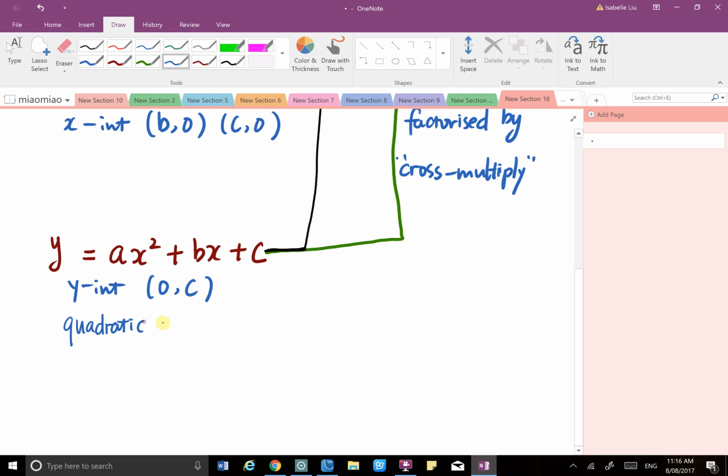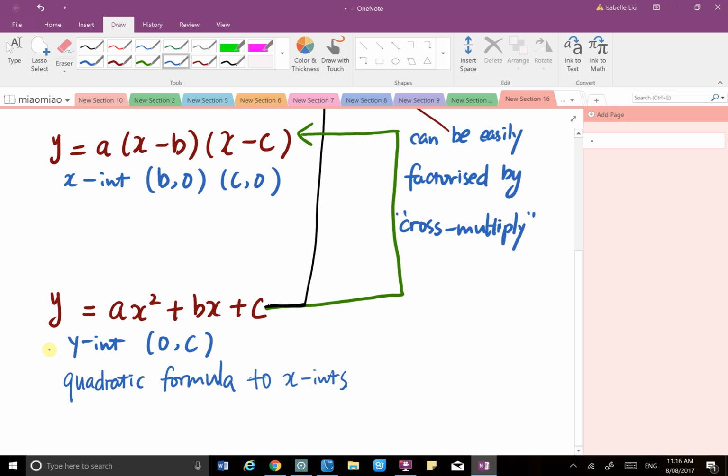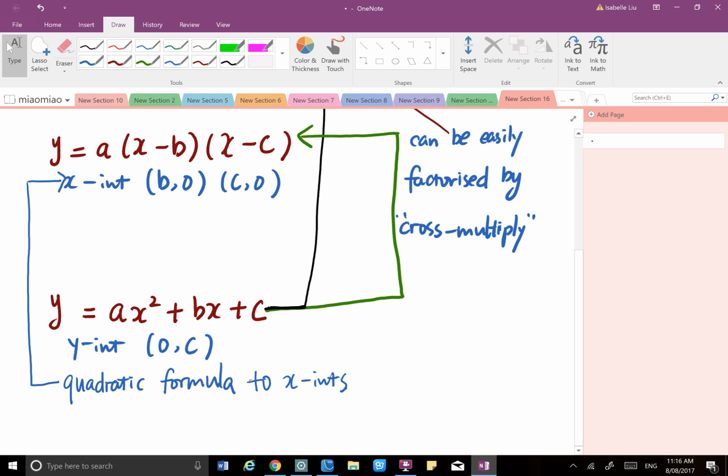So we use the quadratic formula to find the x-intercept or intercepts. This is very similar to the x-intercept form. But the difference between using the x-intercept form or the quadratic formula depends on whether I can factorize the quadratic easily or not.